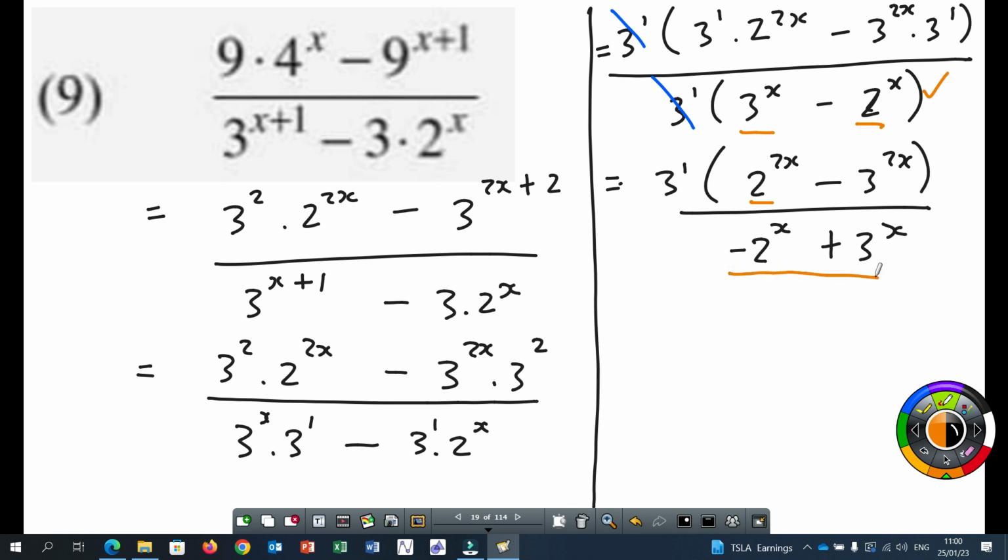I just swap their positions so that they look almost the same, like the binomial factor in the numerator. I just hope you can see that. That's by observation.